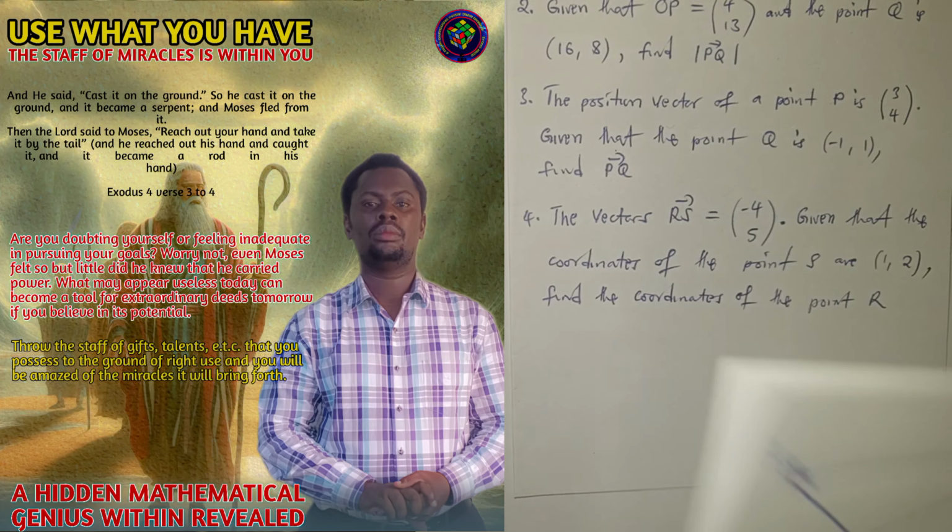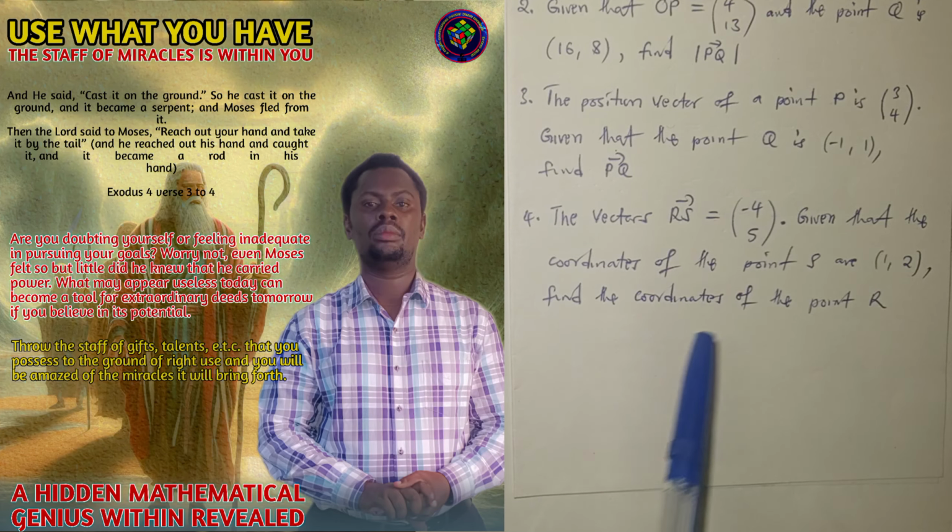Here we want to solve for the coordinates of the point R. The coordinates of the point R will be gotten from the position vector OR. So we need to find OR.